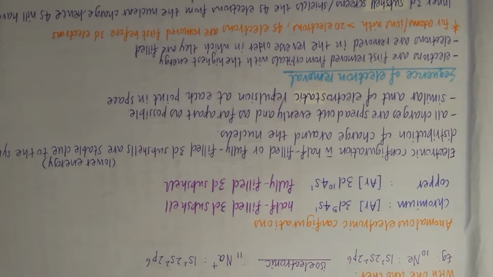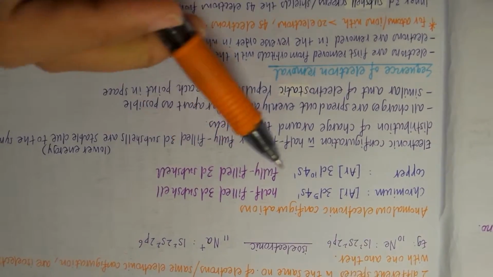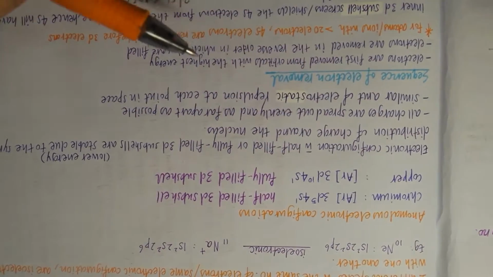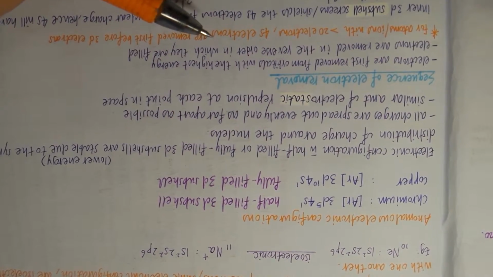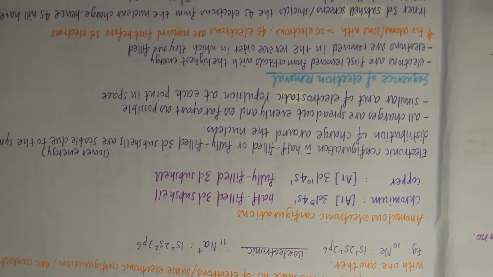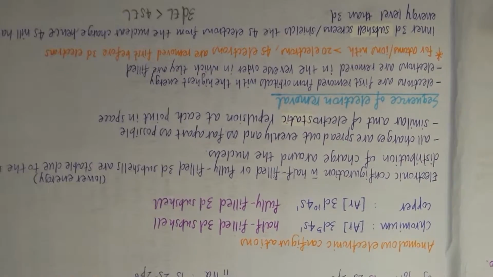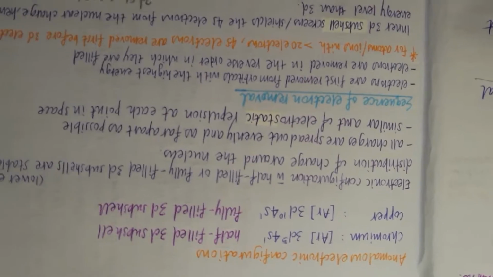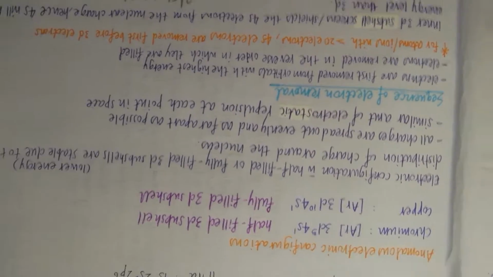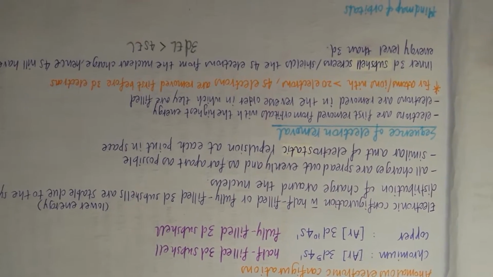So if they get the chance, they will prefer to be singly filled before pairing up, resulting in these two exceptions. But of course there are other exceptions, but we won't learn them in the A-level syllabus.